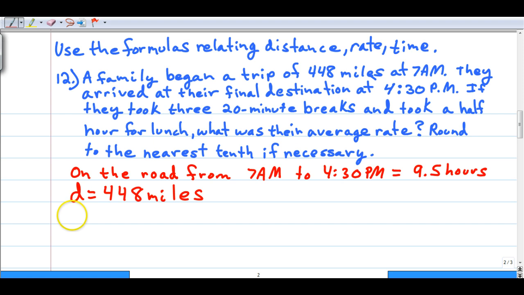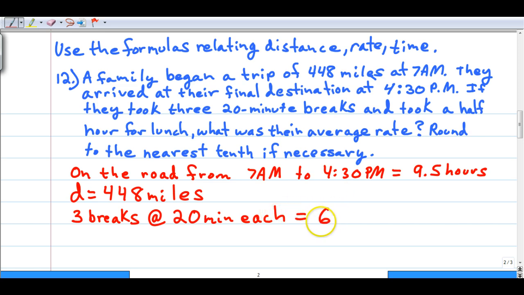In addition to this, they took 3 20-minute breaks, which totals 60 minutes or 1 hour.